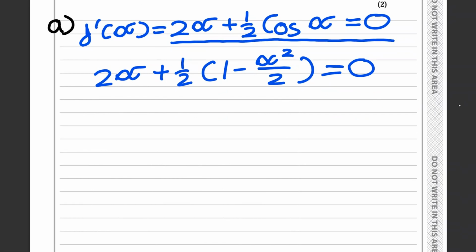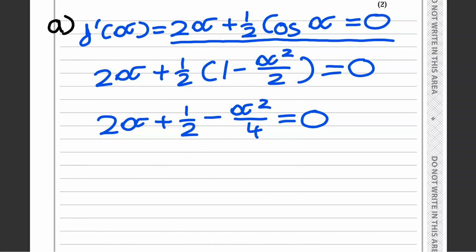So let's do some simplifying. We have 2 alpha plus, and then we're going to expand this bracket here, so a half times 1 is equal to a half, and then a half times minus alpha squared over 2 is going to be minus alpha squared over 4, and this is equal to 0.